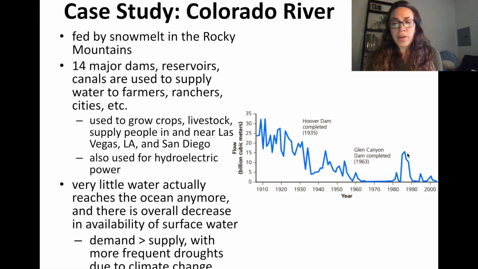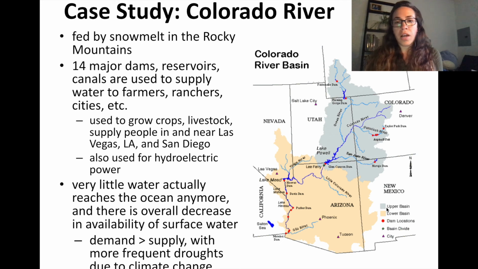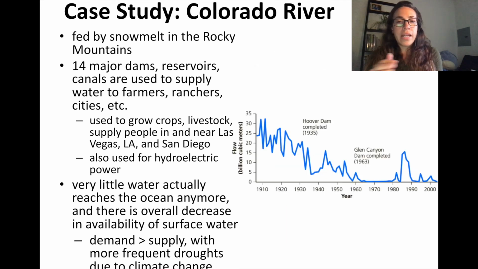Some years are going to be wetter than others, so we may see periods where the flow is higher, depending on what the weather patterns are. But climatically, this region is becoming more and more dry. And when we dam these locations, we are slowing the flow of the Colorado River.